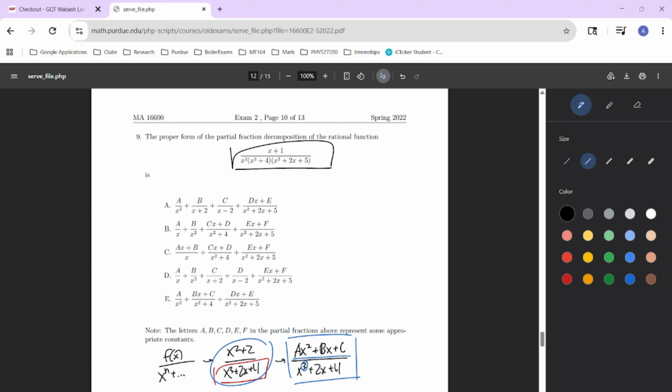The first thing that we want to work on is this x squared out here. So we can actually approach each of these factors in the bottom individually, and then we can sum all of their decompositions together to create one giant expression.